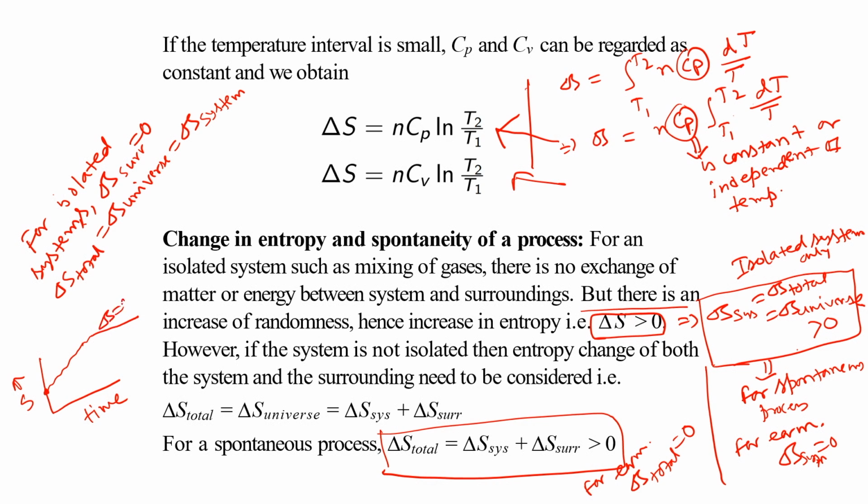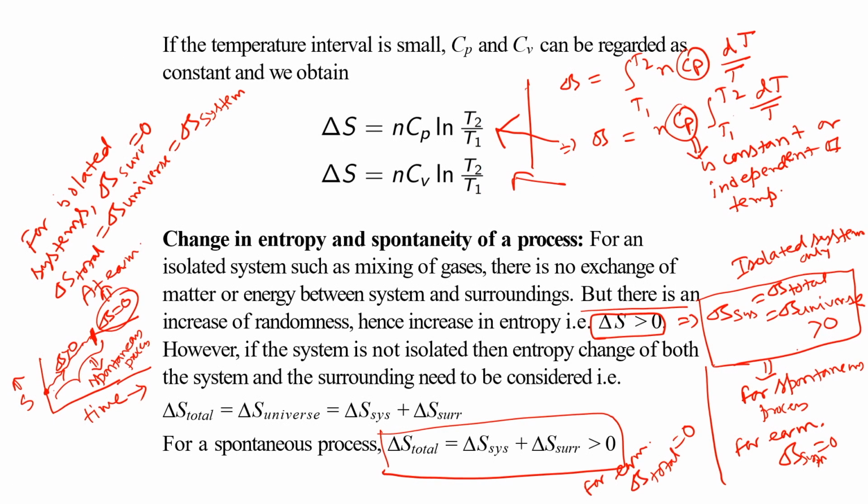So delta S is 0 here, and delta S is greater than 0 here. At this point equilibrium is reached, and then equilibrium continues with no change in entropy. Time increases in this direction, S increases in this direction. So this region is the spontaneous process, and this region is at equilibrium.